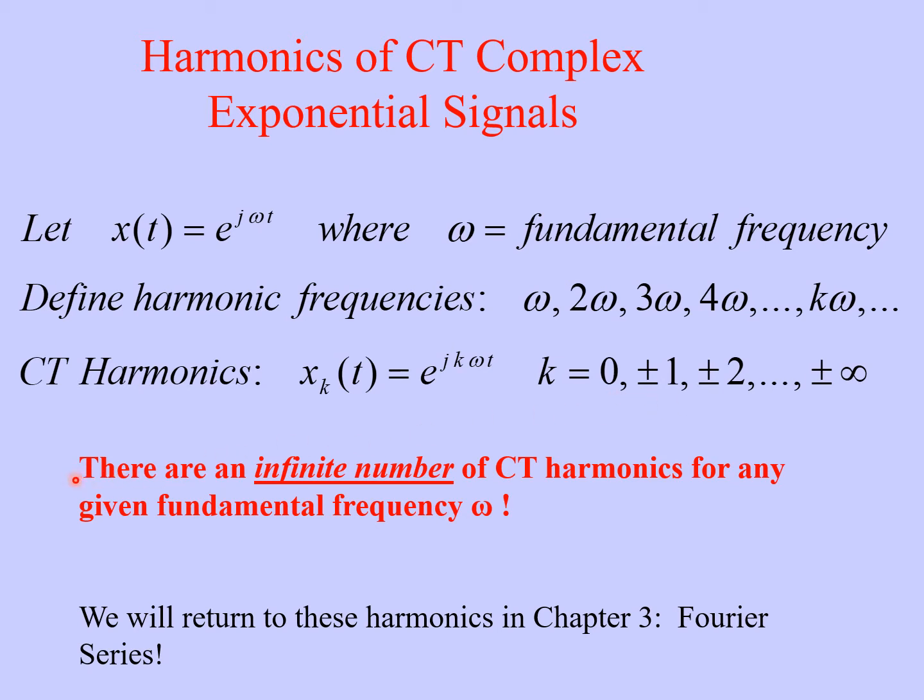One of the key things here is that for continuous time signals, there are an infinite number of harmonics for any fundamental frequency omega, because k can take on any value all the way up to plus or minus infinity. We're not going to do too much with this concept in Chapter 1 or 2, but in Chapter 3, this will be a key idea when we talk about Fourier series.